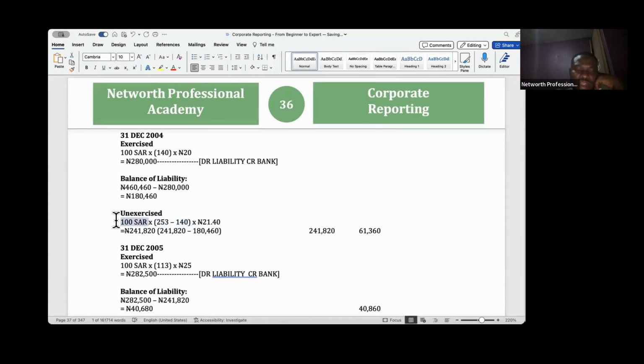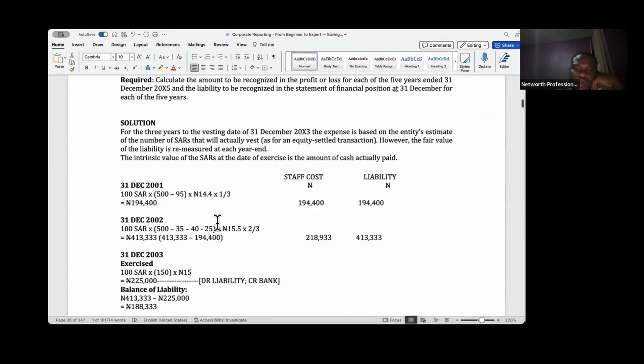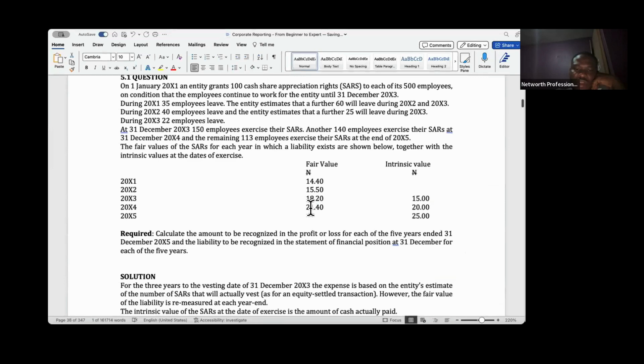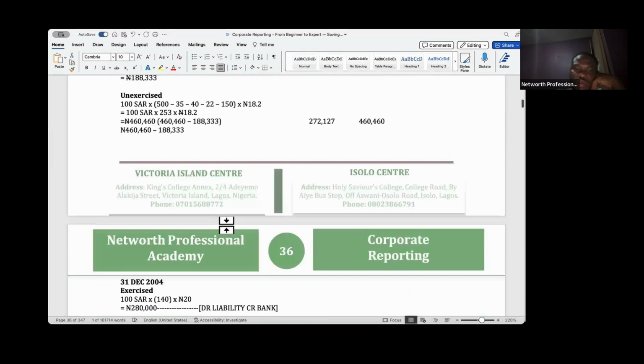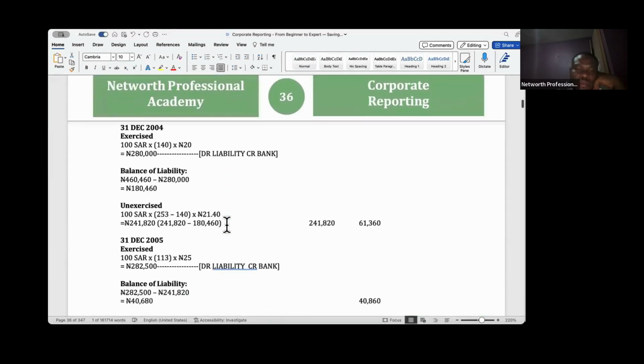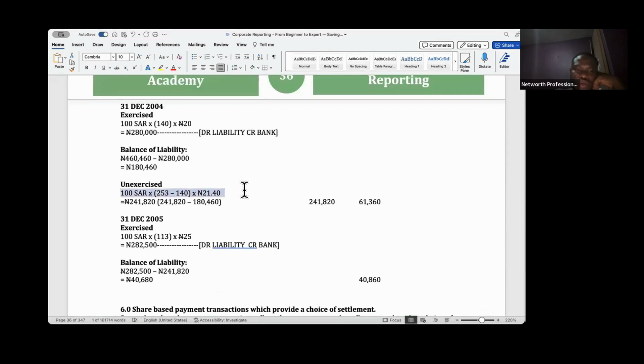Multiplied by 100, multiplied by the fair value of the rights at 2004, which is 21.4. So if you do your maths, that means the value of my liability now is 241,820.